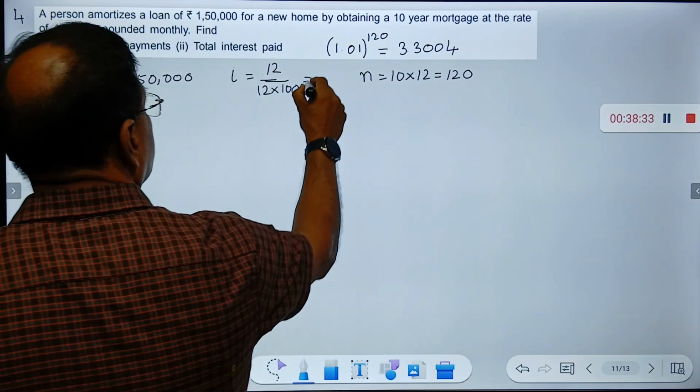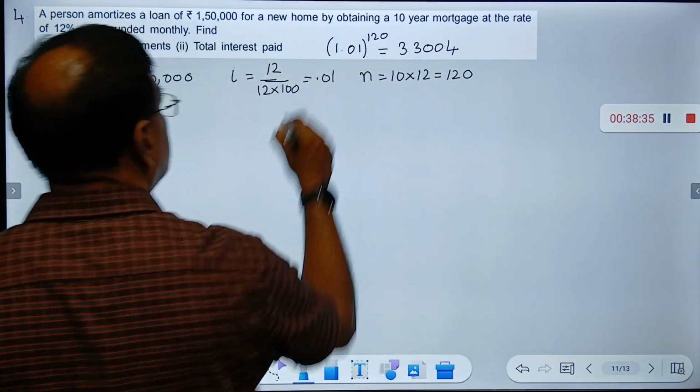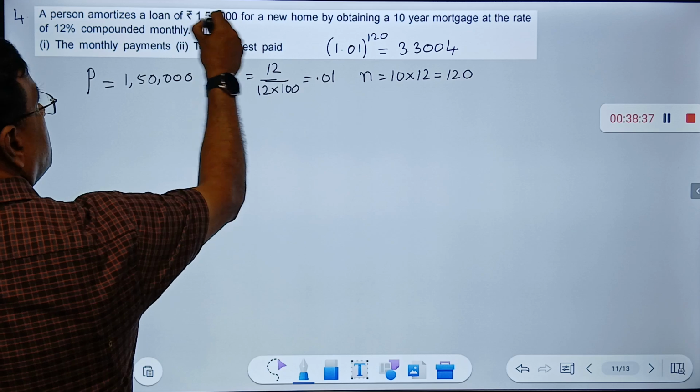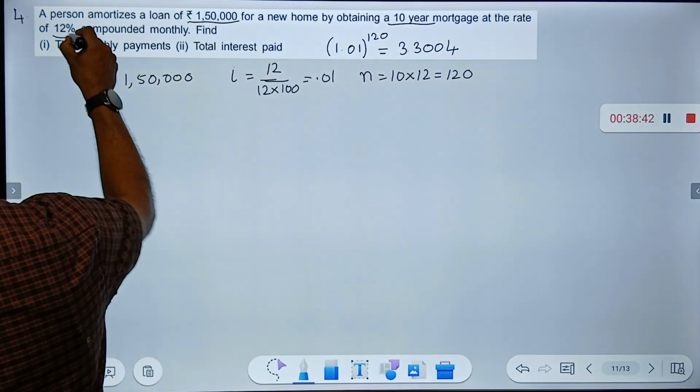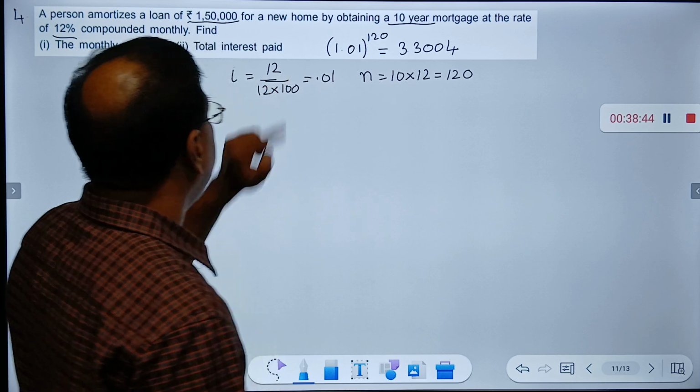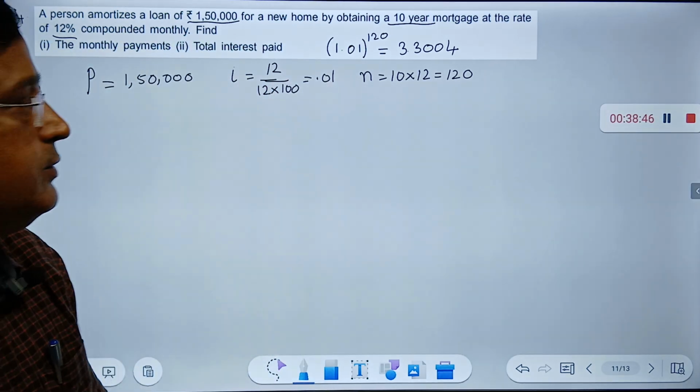Perfect. So this is 0.01. From the data, principal is known, 10 years, so it is 10 into 12, and the rate of interest is 12 months, compounded monthly, so I divide by 12, I got 0.01, isn't it?